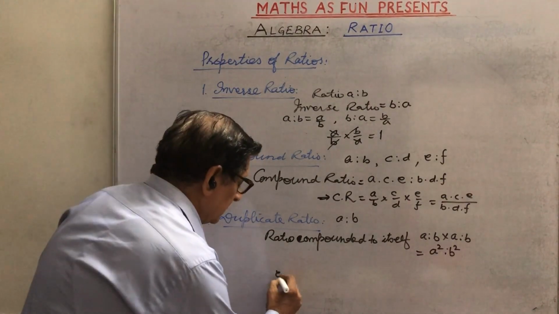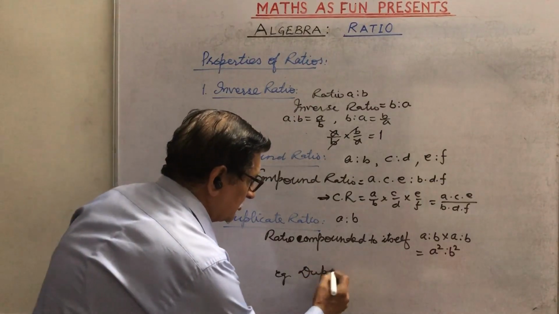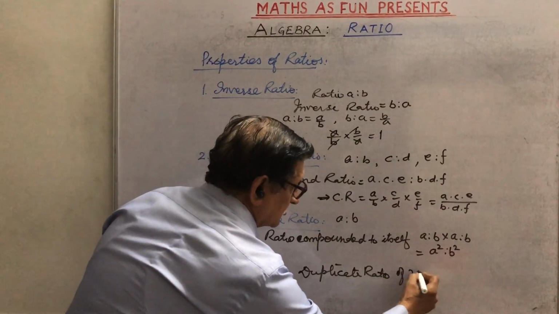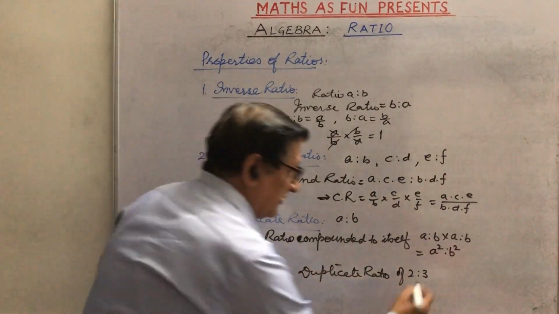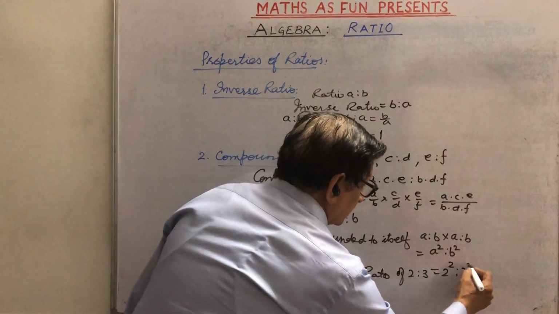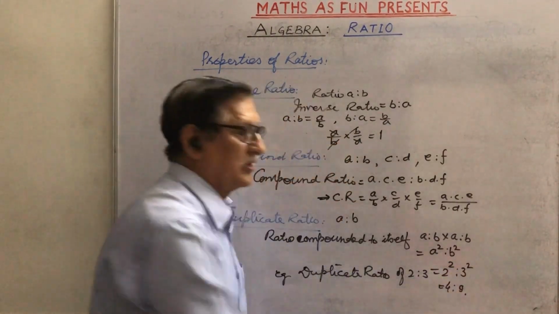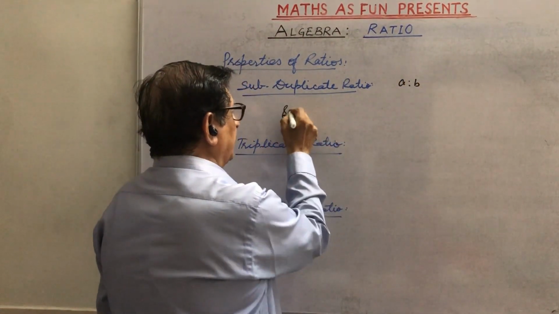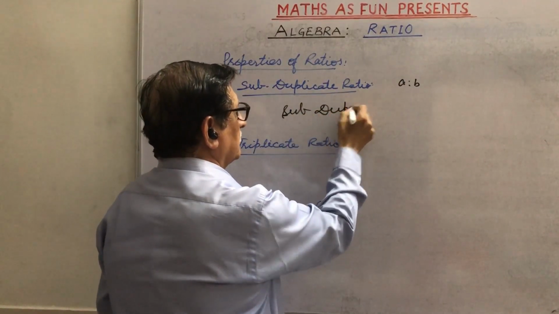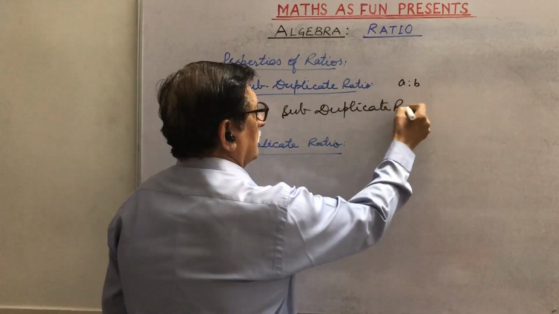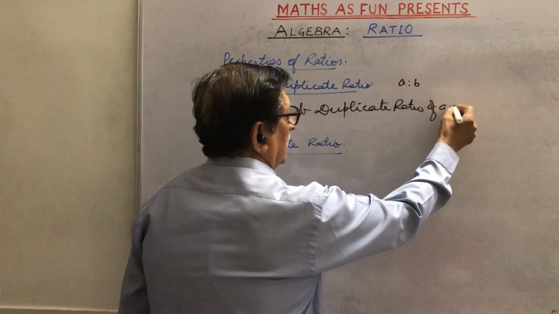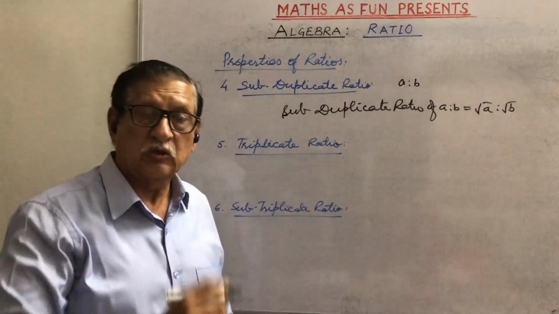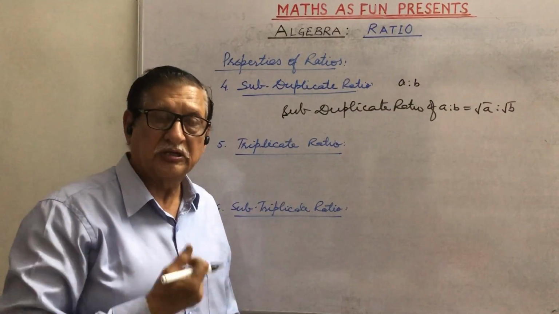Now for example, suppose we want to find out the duplicate ratio of 2 is to 3. That will be 2 square is to 3 square, or we can say 4 is to 9. Now what is subduplicate ratio? If A is to B is a ratio, then subduplicate ratio of it is root of A is to root of B. Like duplicate was squares of both, antecedent and consequent.